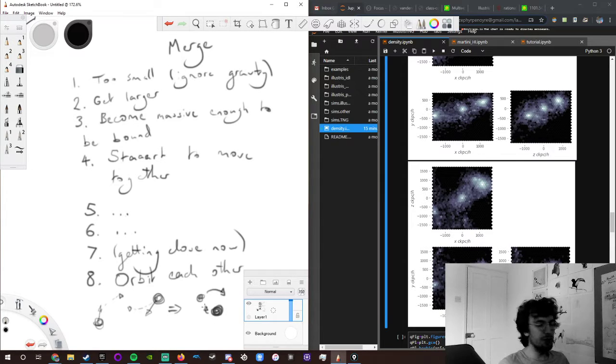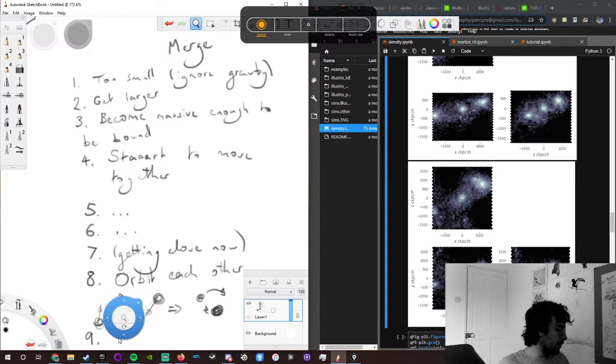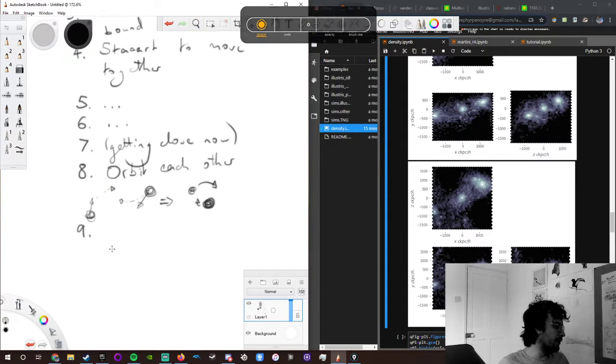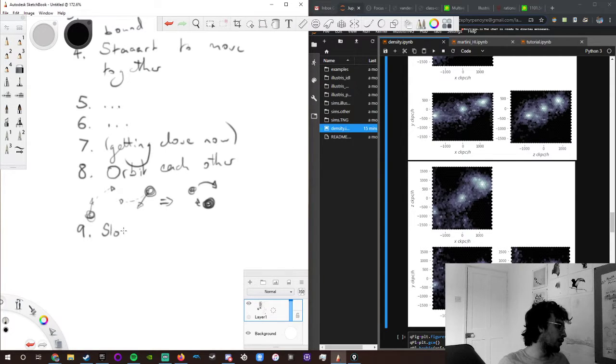The massive one tends to move less, although that depends on the thing. You have a long period of this. Slowly lose energy. Sink.